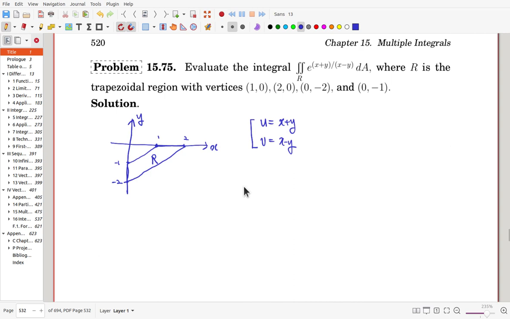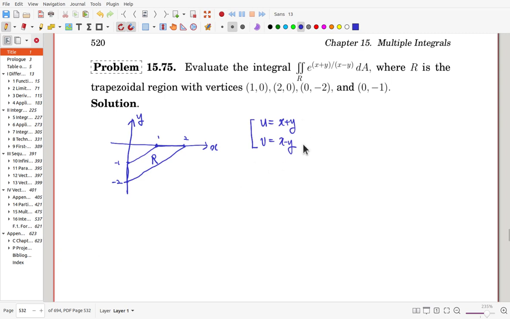Now, the transformation must be made such that x and y are functions of u and v. So we have to solve these two equations for x and y to decide the transformation.